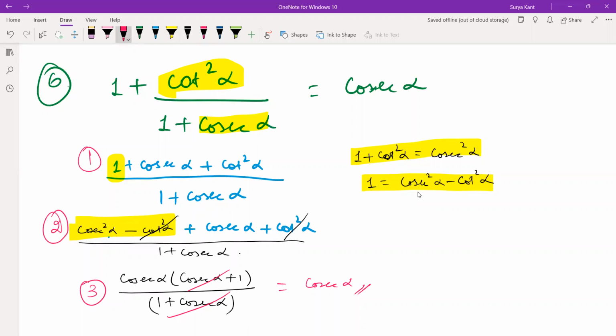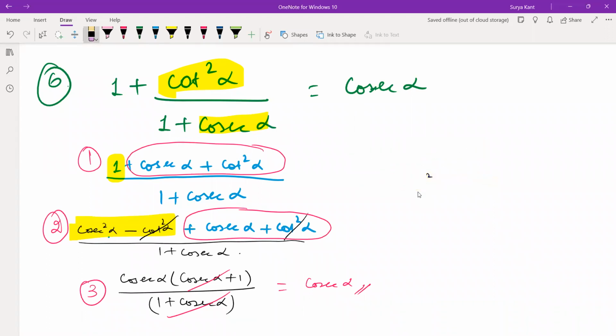Okay, see here. This part I have written as it is, right? See, in the second step, correct? Yes, sir. But I have changed 1 into this cosec square alpha minus cot square alpha, correct? Now see, I am writing here on the right hand side with the blue pen.